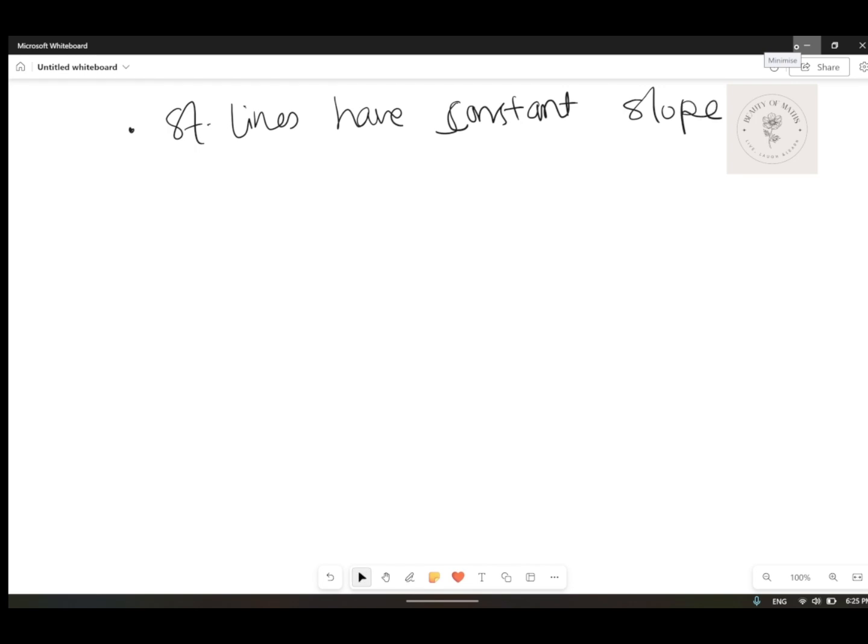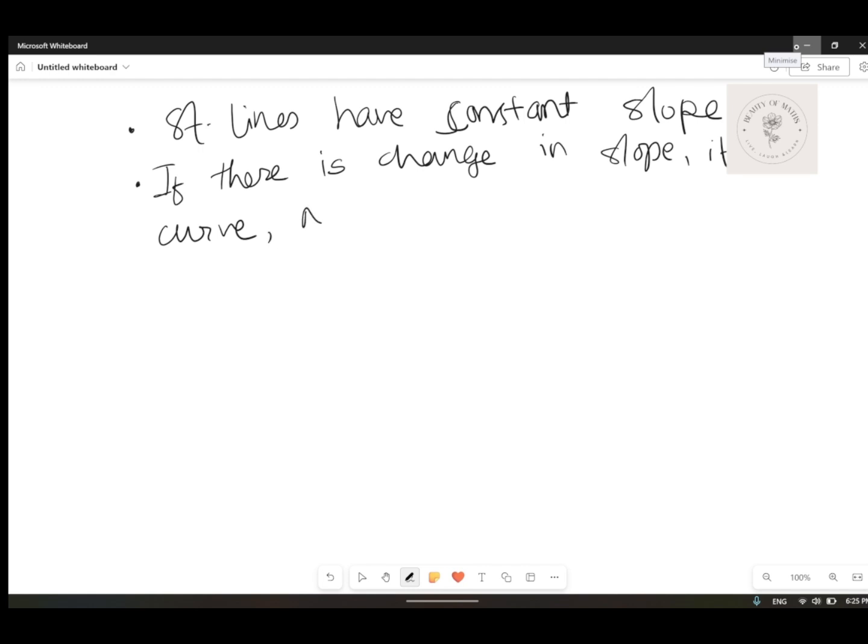Okay, if there is a change in slope, it is a curve. It is a curve, it is not a straight line. Okay, not a straight line. Got it?